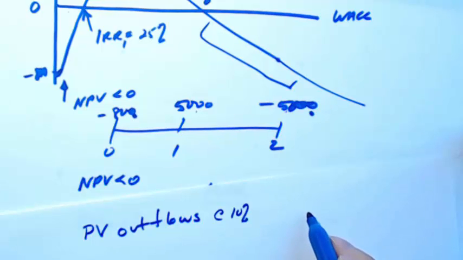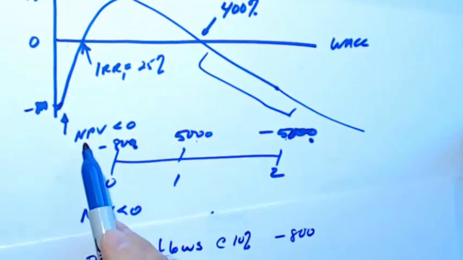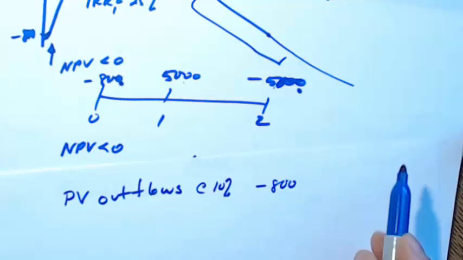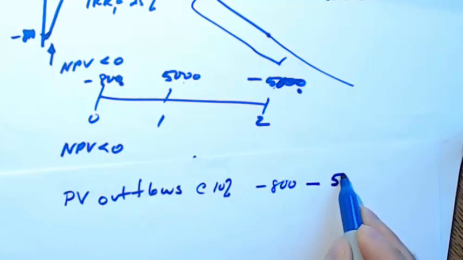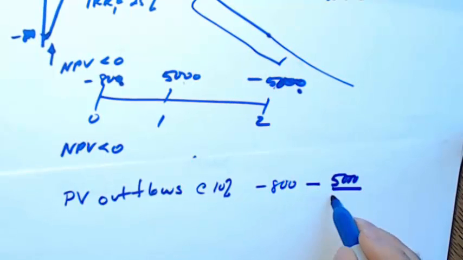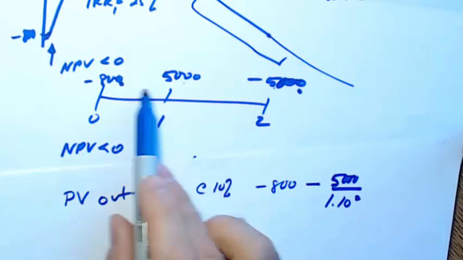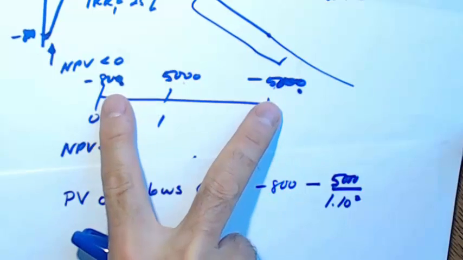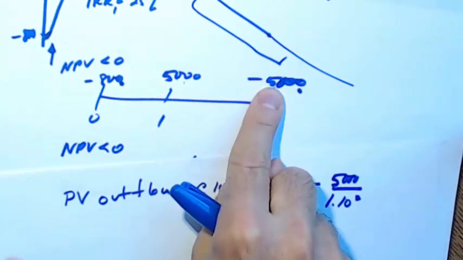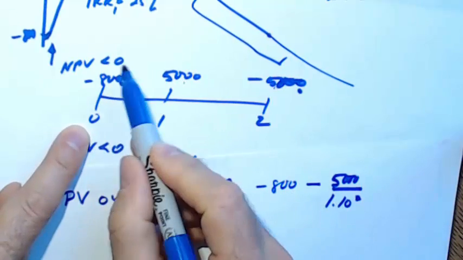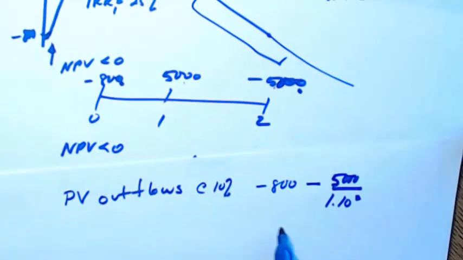That's the minus 800 right here, and then the other outflow was this minus 5,000, discounted at 10% for 2 periods, so we're discounting it back. So we're taking the outflows, the negative signs, and computing them to a present value for their costs here.